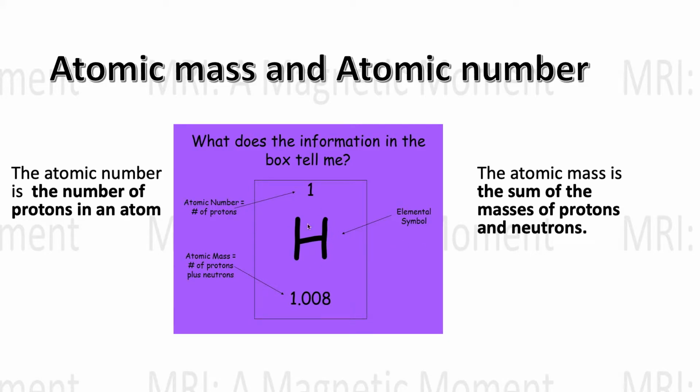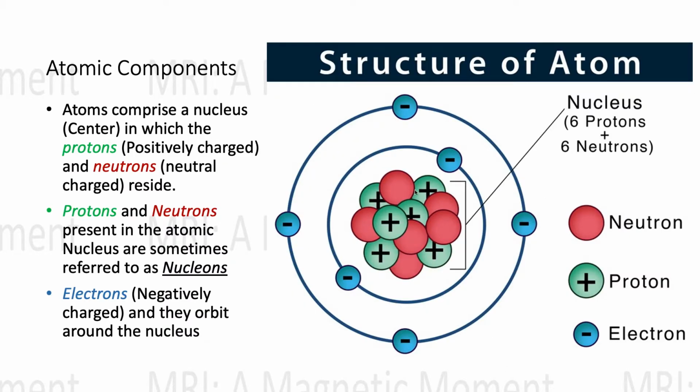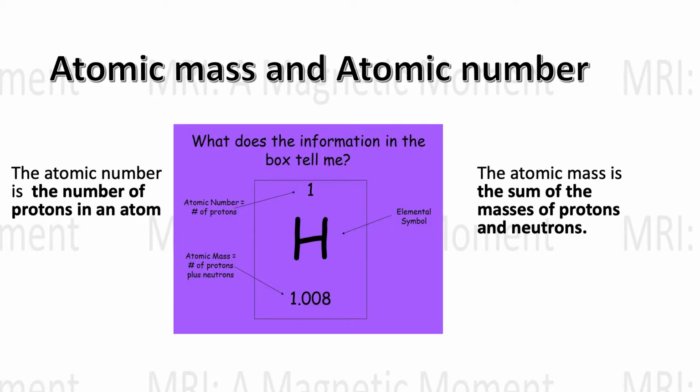So for the hydrogen atom we see right over here, the elemental symbol on the periodic table is H. So the protons and the neutrons that we talked about on this slide that reside in the nucleus, they basically tell us what kind of element it is, what kind of atom this is. In this example, we have hydrogen. So the definition of element is a bunch of atoms that all have the same type of atomic structure. For instance, hydrogen, in our example, is an element.